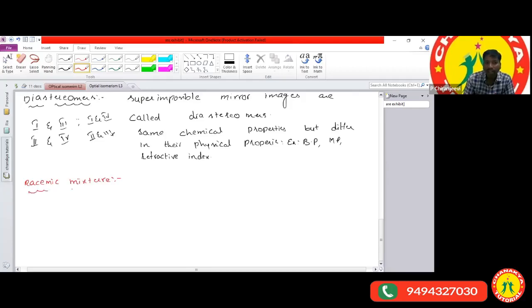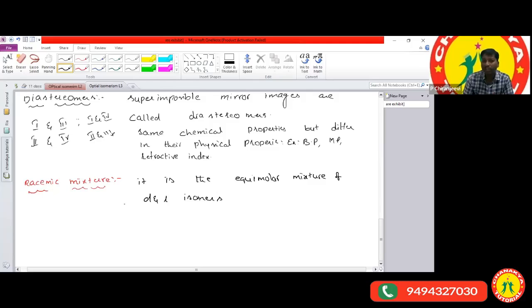It is the equimolar mixture of D and L isomers, small d and small l isomers, is called a racemic mixture.